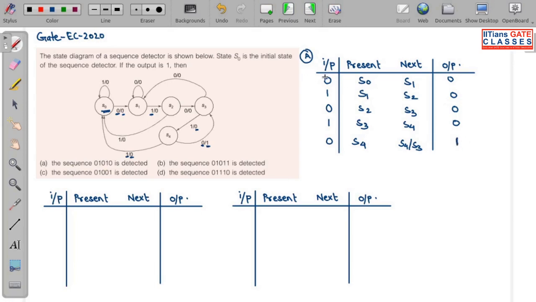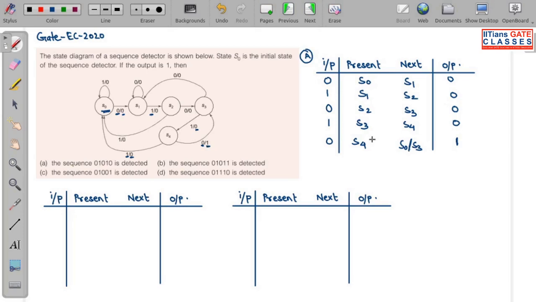So, A can be your answer, but here actually there was a problem in the examination paper, because either it will be going to S0 or to S3. So this was actually an ambiguous state.